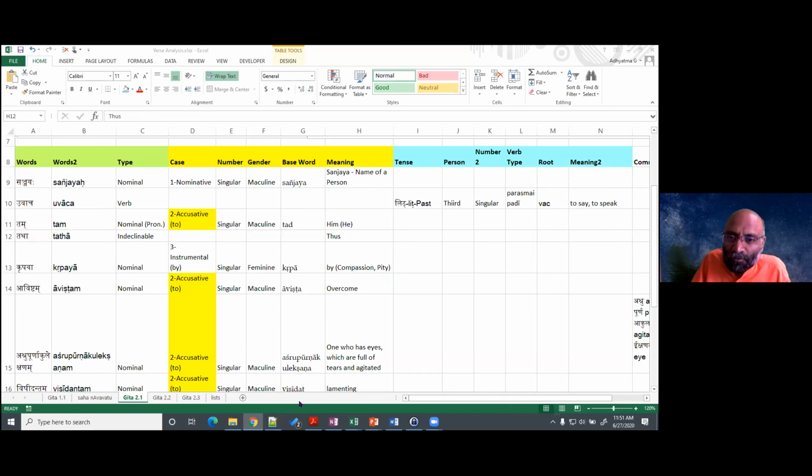This will be in the repository. When chanting, how do you know when to take a pause? Maybe next time I can explain in a little more detail. After every 8 syllables, you have to take a pause. That is a good point. I'll probably focus a little more on that next time.